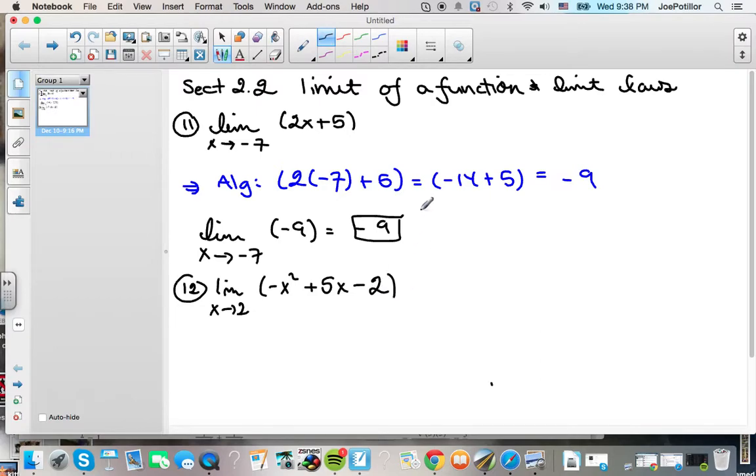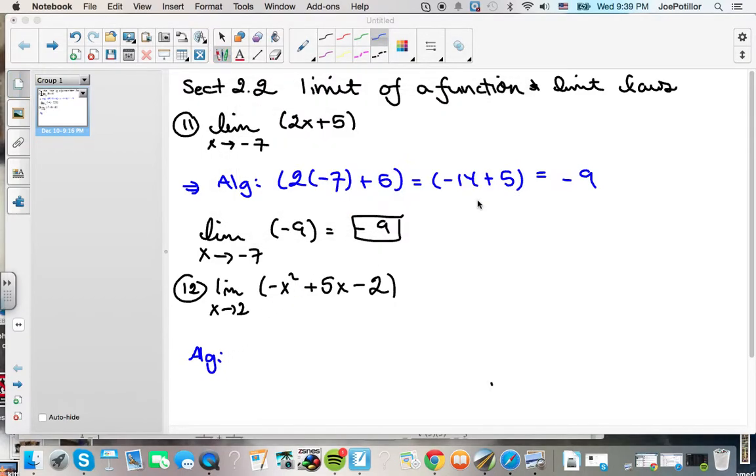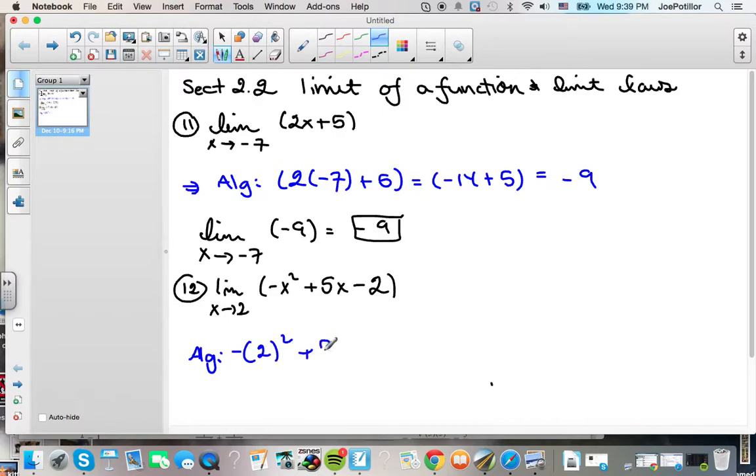Once again, since it's a polynomial function, we can simply plug in the number. So we'll do the algebra of plugging in the number. Becomes negative 2 squared plus 5 times 2 minus 2. Negative 4 plus 10 minus 2, which is 6 minus 2, which is 4.